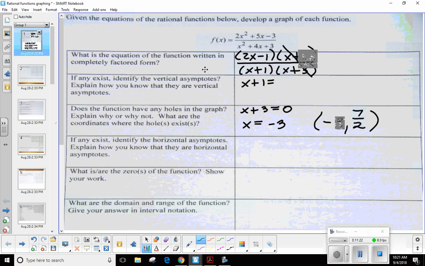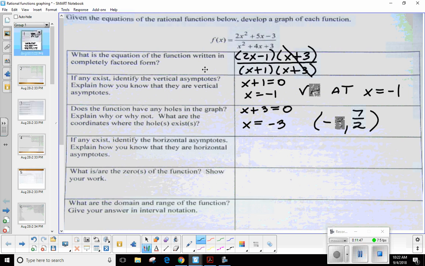So x plus 1 is equal to 0. So x equals -1. So VA, we have a vertical asymptote at, and always give me the equation. Just don't go ahead and say vertical asymptote is -1, because that will result in point loss. You want to give me the equation for the vertical and the horizontal. Okay.